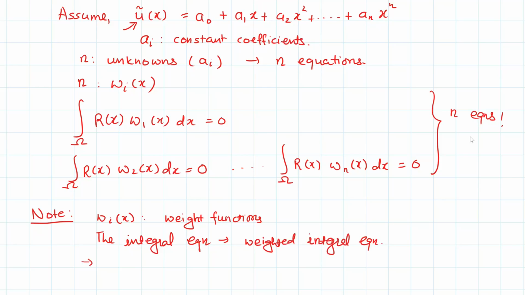And such an approach to derive the weighted integral form is called the method of weighted residual, also known as MWR.